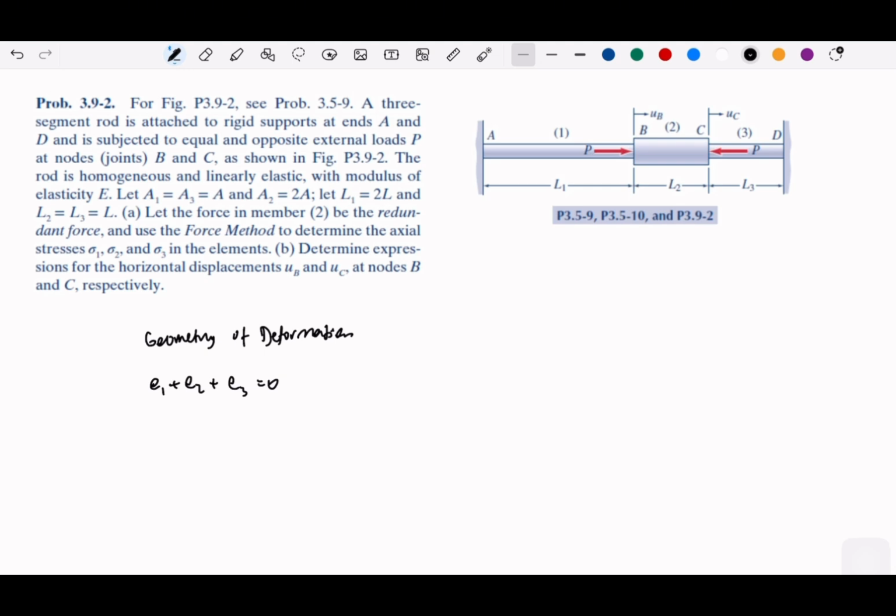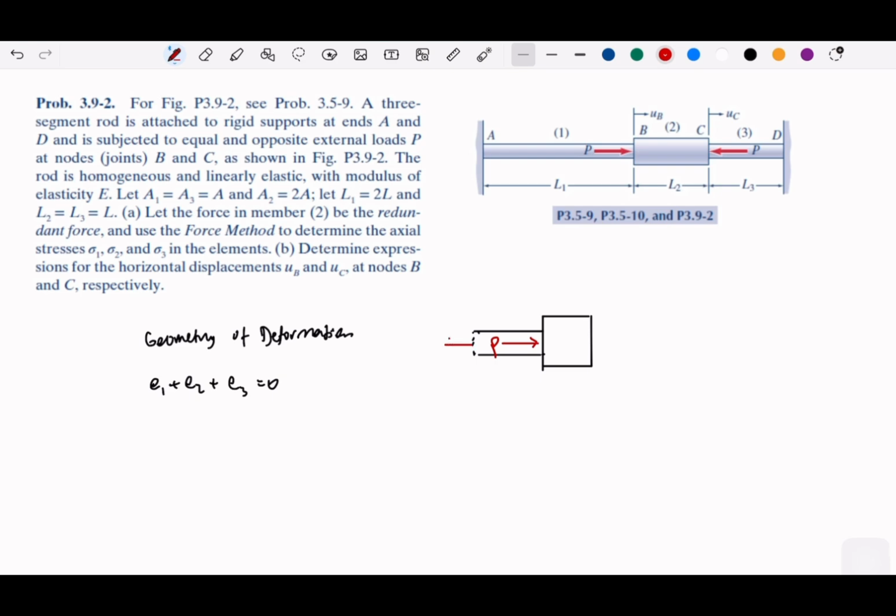We can start by taking joint B. Let's say this is B. We have P on element 2, but we have reactions on 1 here.